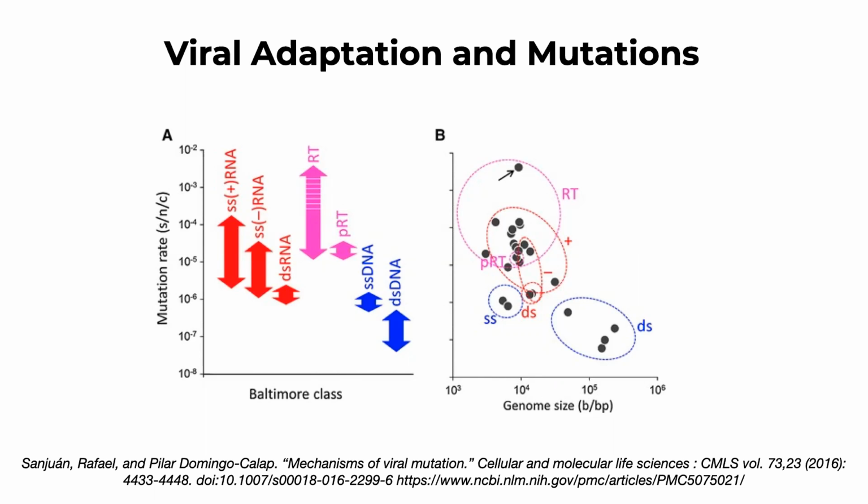And so the rates of spontaneous mutation vary between different viruses. RNA viruses, for example, mutate faster than DNA viruses. Single-stranded viruses mutate faster than double-strand viruses. And genome size appears to correlate negatively with mutation rate. So the longer the genome, the lower the mutation rate.